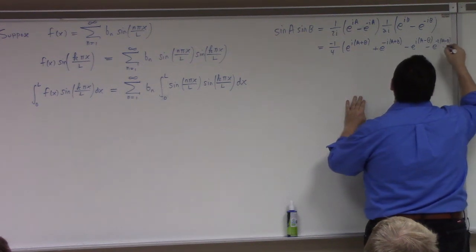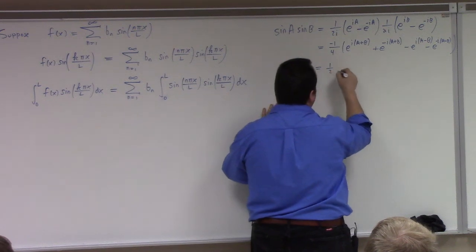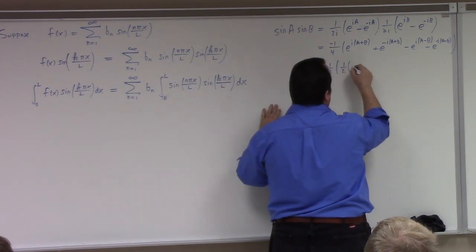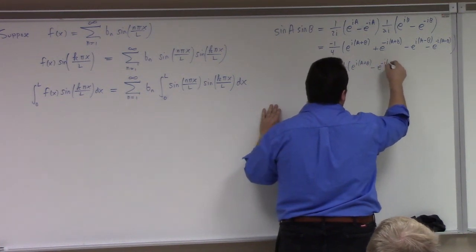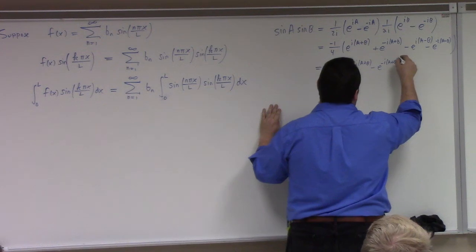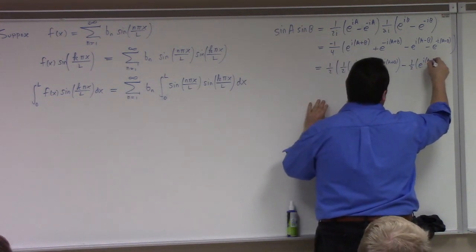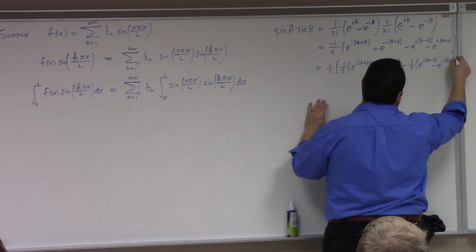Sorry, I'll clean this up in just a second. So then keep a half out front, and that gives me 1/2 of e to the i(a plus b) plus e to the minus i(a plus b), minus 1/2 of e to the i(a minus b) plus e to the minus i(a minus b).